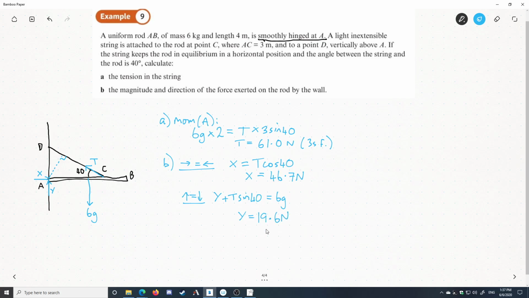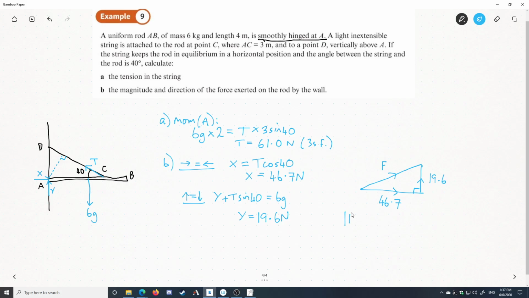Okay, we're basically done. Just to finish the question off then, they want the magnitude and direction of the force. We've got the horizontal and vertical component. So if we draw it like this, our horizontal component is 46.7 newtons, vertical is 19.6 newtons, and this is the force that we actually want. So this is the force that acts at the hinge as a single force. So we can work that one out using Pythagoras.